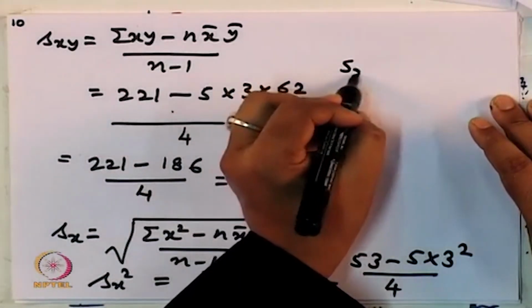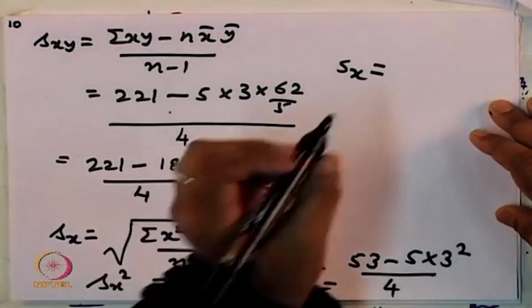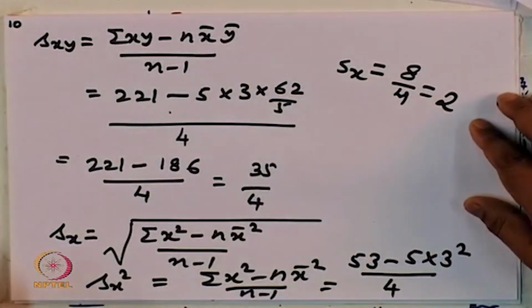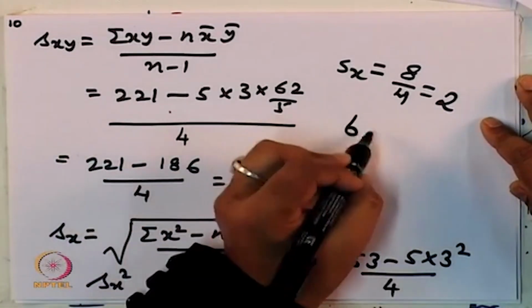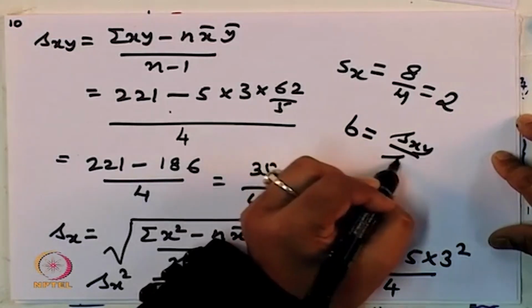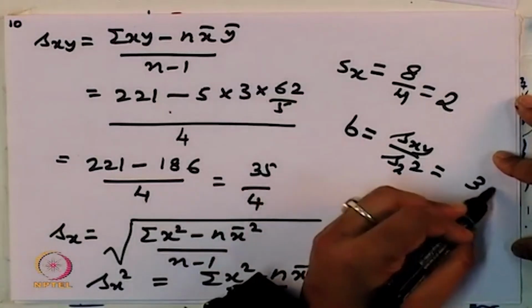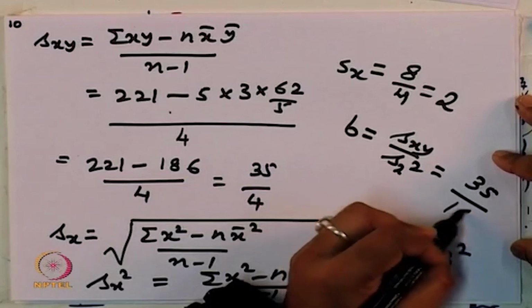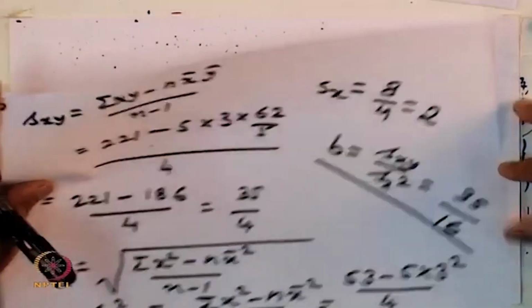So, s x square is 2. So, s x y is 35 by 4, and my b comes out to be s x y by s x square, which is 35 by 4 into 4, that is 35 by 16.